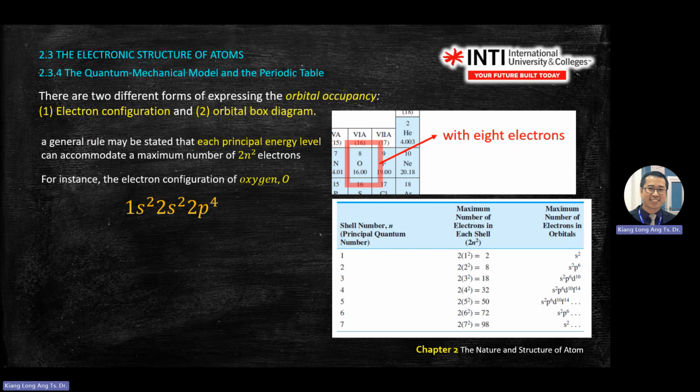You go to oxygen. Oxygen gives you 8 electrons. The maximum electrons you can put into the shells: n1 maximum 2, n2 maximum 8.